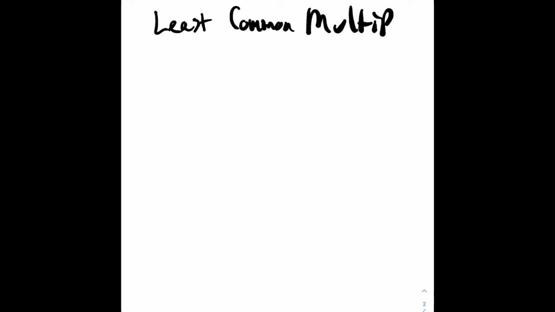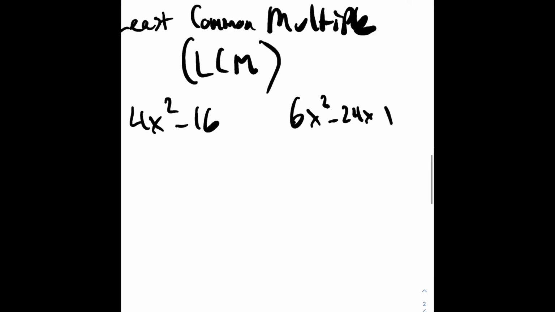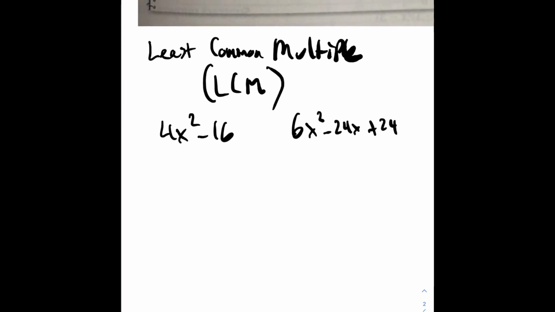If I wanted to find an LCM, a least common multiple, shorthand, mathematicians, which we all are, like to write stuff in as short a way as possible. I'm looking at these two expressions, 4x squared minus 16 and 6x squared minus 24x plus 24.